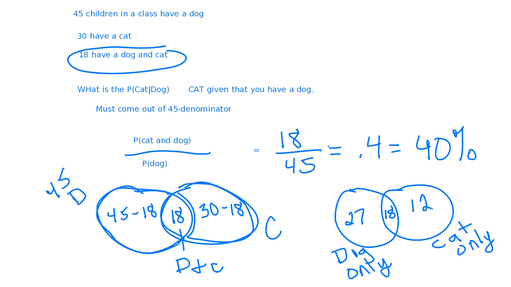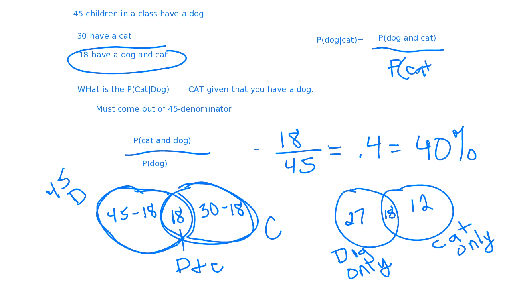Okay, let's go up here. What do we want? The probability that you have a dog given that you have a cat. Oh, that has to come out of how many cat owners there are. So that's going to be the probability that you have a dog and cat divided by the probability you have a cat.